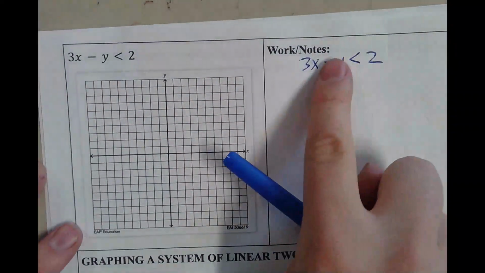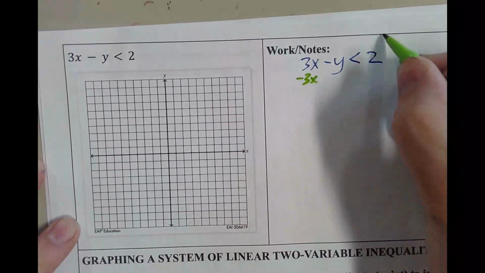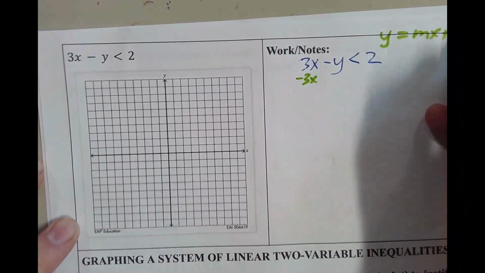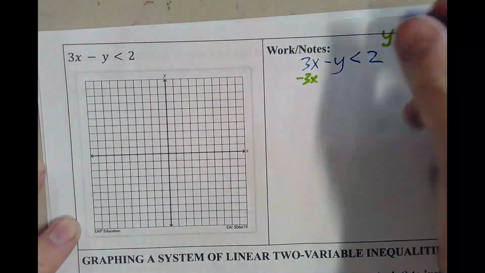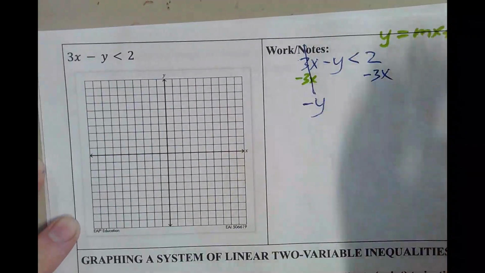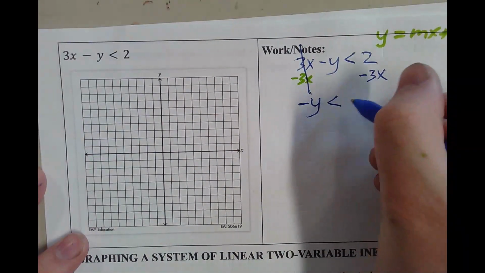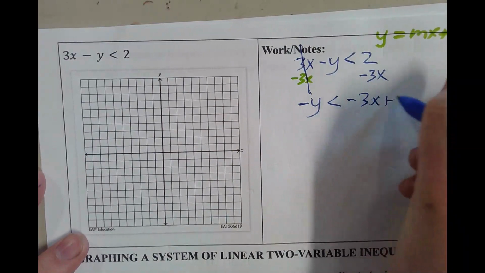Well, how do I solve for y? Let's get y by itself. Because I want y equals mx plus b. So what I'm going to do is I'm going to subtract 3x. That gives me negative y is less than negative 3x plus 2.